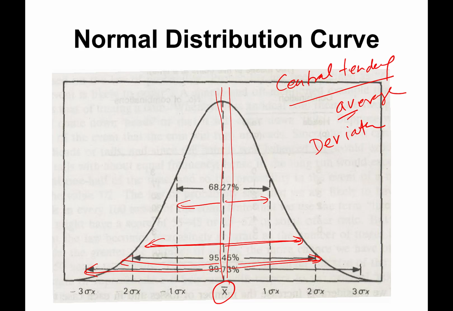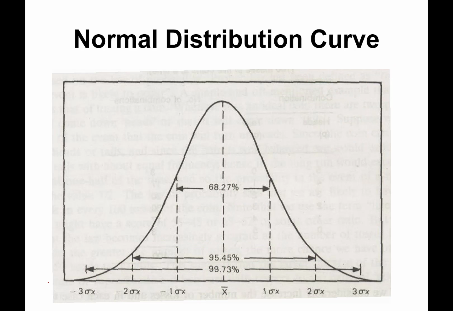So this is what we get from the normal distribution curve, and you know about this. Let me erase all these if possible. Okay, so here you are very much aware of these statistical principles and the normal distribution.